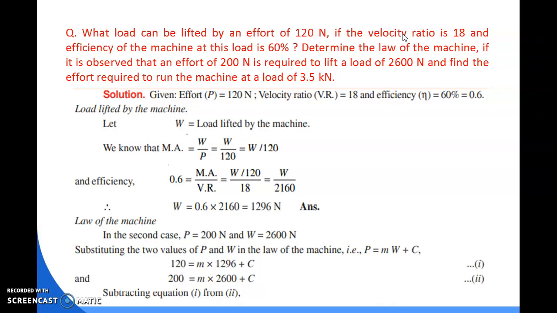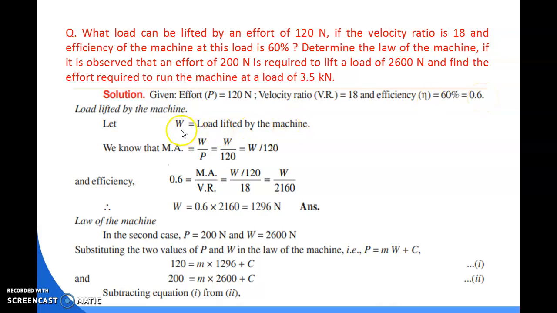First of all, we need to write down all the data given here. According to the question, the effort load is given as 120 Newton, the velocity ratio is given as 18, and the efficiency of the machine is given as 60%, that means 0.6.